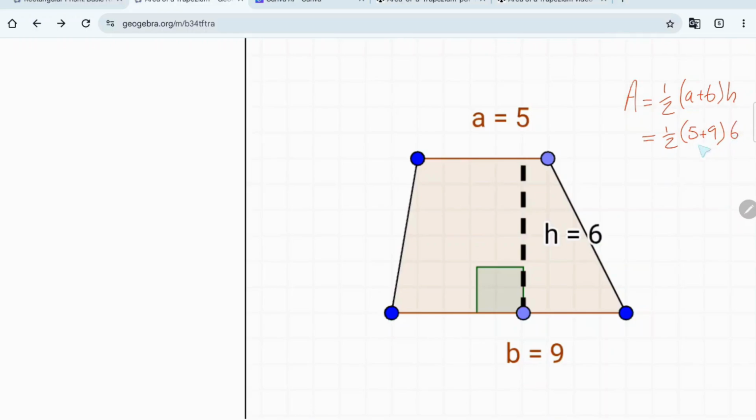The height is 6, which equals half times 14 times 6. Half of 14 is 7, so 7 times 6, which is 42. It doesn't have the units here. I'm just going to put units squared.